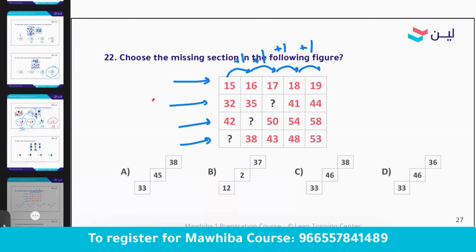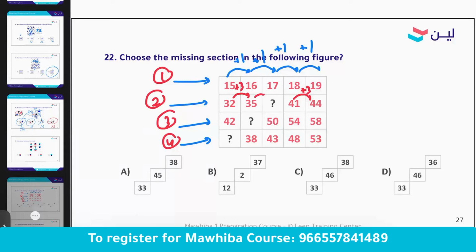In the row number 2, here's row number 1, number 2, number 3, number 4. In row number 2, from 32 to 35, I'm adding 3. Let me see for the last two. From 41 to 44, I'm adding another 3. So it seems in the next row, I'm adding 3s, not 1s.